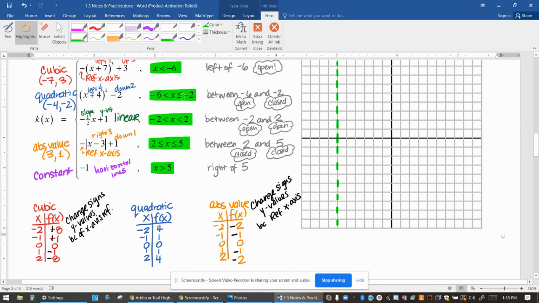Another value for x where there's a cutoff is at -2. There's a cutoff at 2. So all of these values that I'm mentioning, -6, -2, and +2, all come from the domains. So every number that they list in the domains, doesn't matter which function it's in, that's where you're going to draw your vertical lines. And then 5.